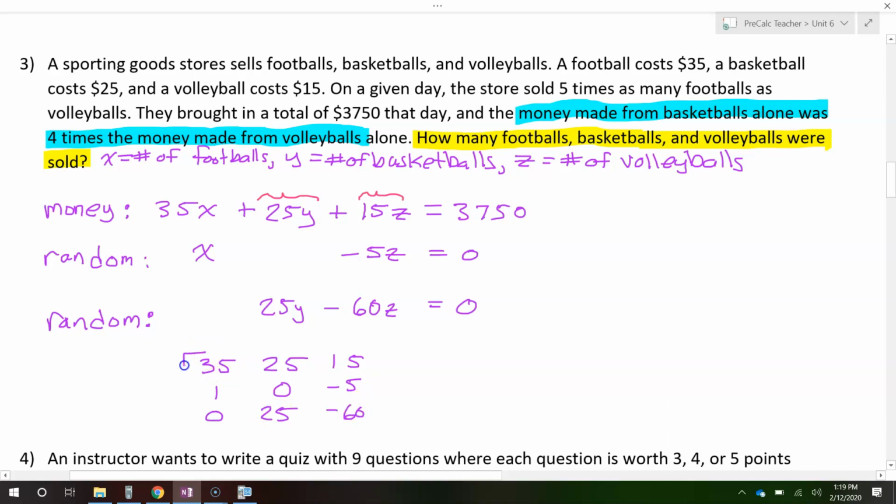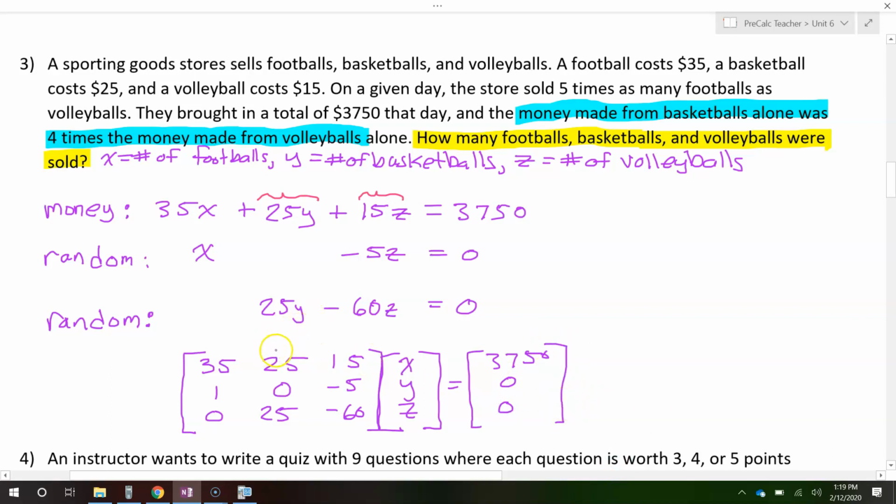So that's my coefficient matrix. Next comes the variable matrix, which will be x, y, z. And then I have the answer matrix, which is 3,750, 0, 0.